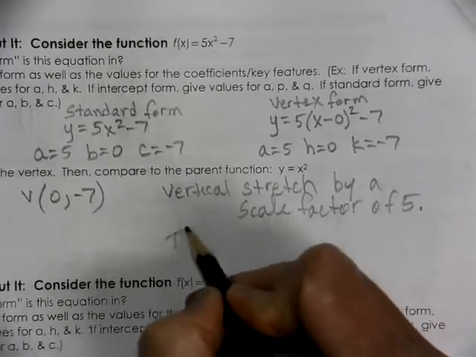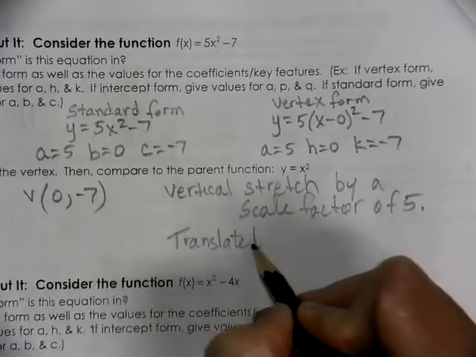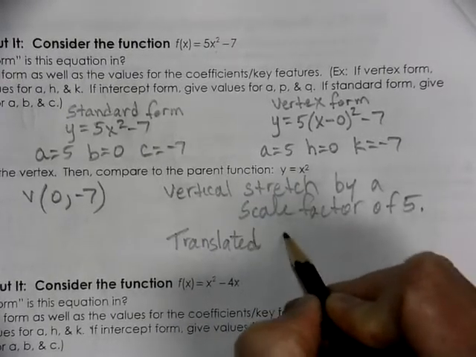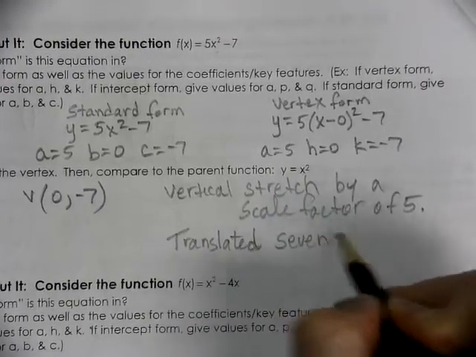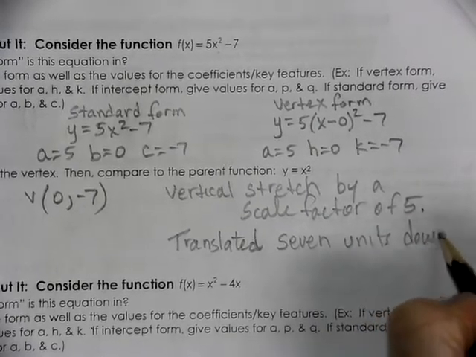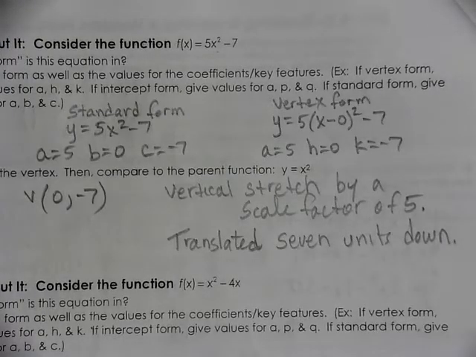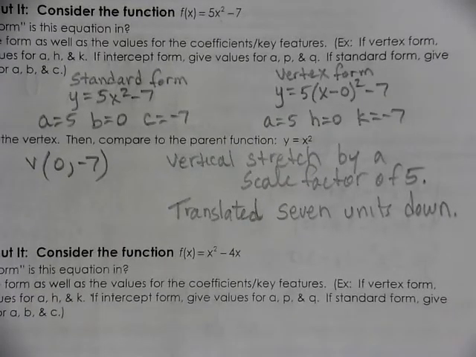And then this is translated 7 units down. So that's our process of comparing our two graphs. Any graph with the parent function.